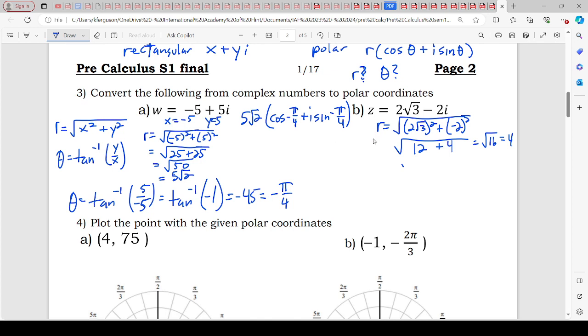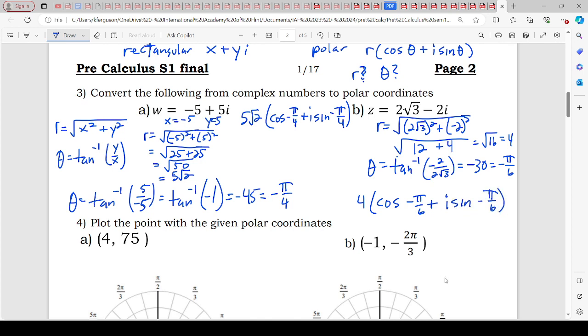And then I need my theta, which is the inverse tangent of negative 2 over 2 times the square root of 3. That's going to be negative 30, and negative 30 changes to negative pi over 6. Finally, I put the stuff in order: 4 times cosine of negative pi over 6 plus i times sine of negative pi over 6. And that's my answer.